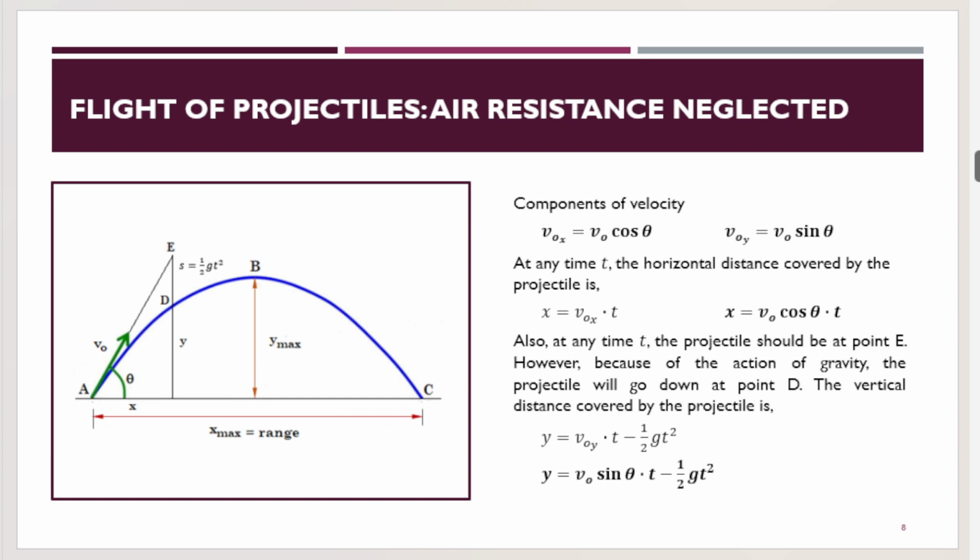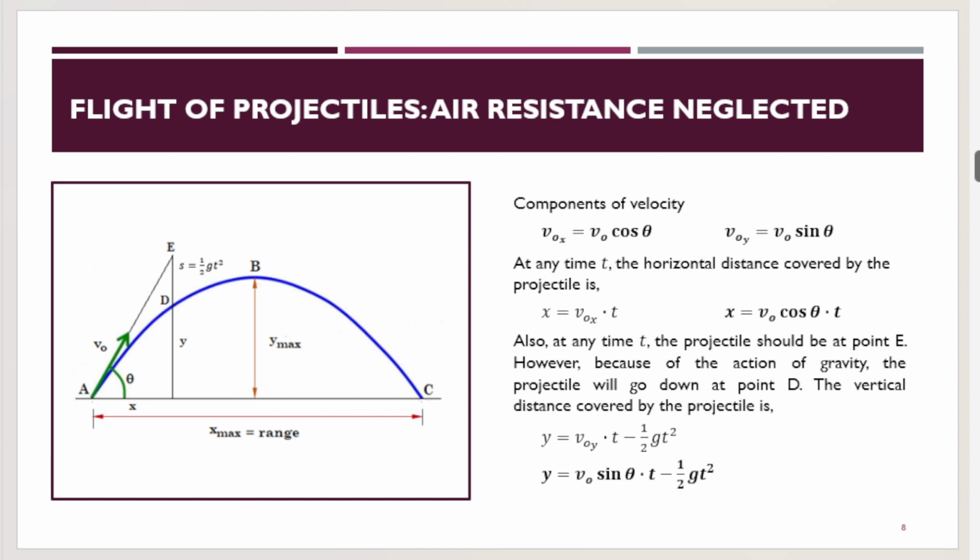We have the component velocities. We know that for a projectile, v sub x is v sub o, the initial velocity, cosine theta. On the left side of your screen is the projectile illustration. The vertical component of the initial velocity, v sub o sub y, is v sub o sine theta.